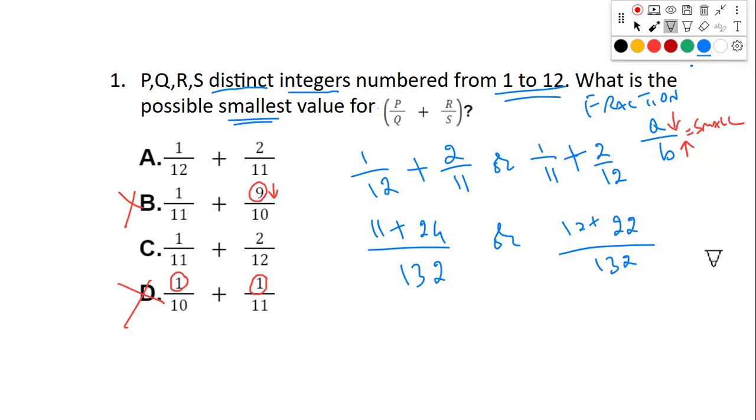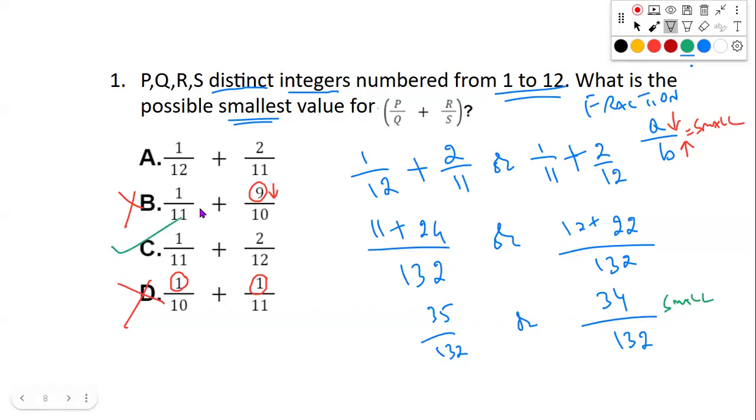Now looking at the numerator, it is 35 by 132. Or this will be what? 34 by 132. So which one will give me the small value? Definitely the one which has the numerator less. So 1 by 11 plus 2 by 12. So my answer is C choice.